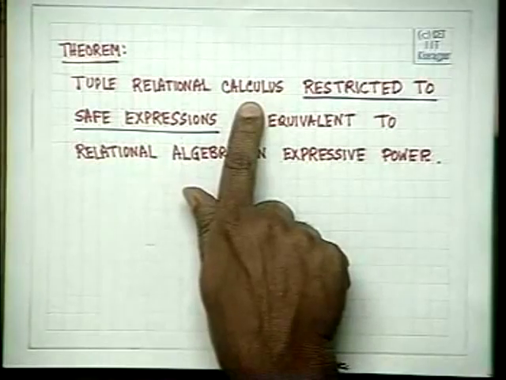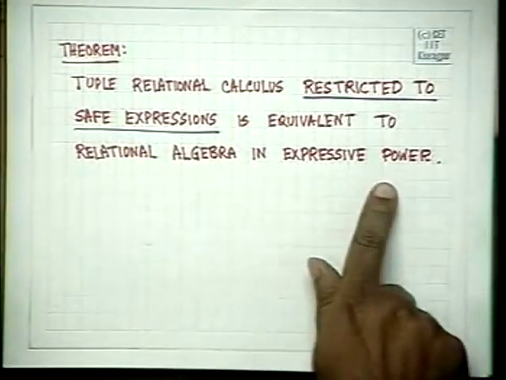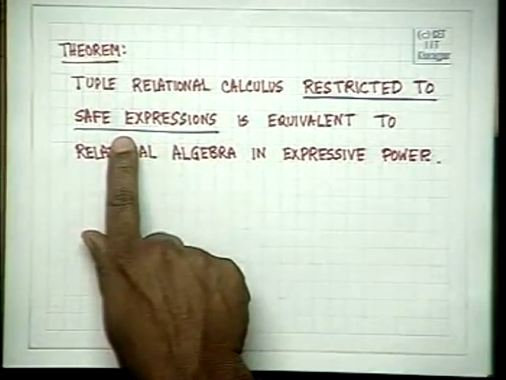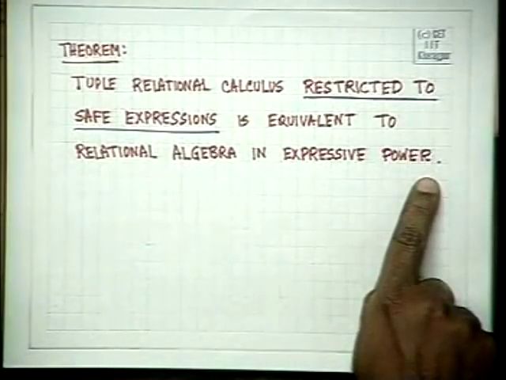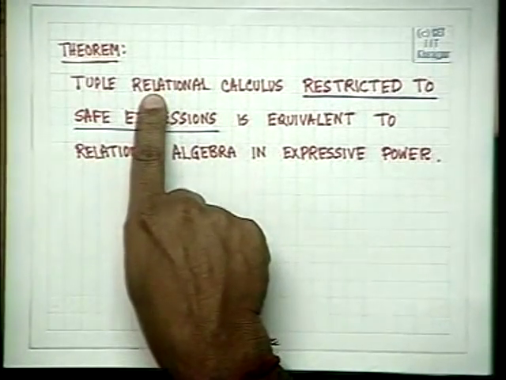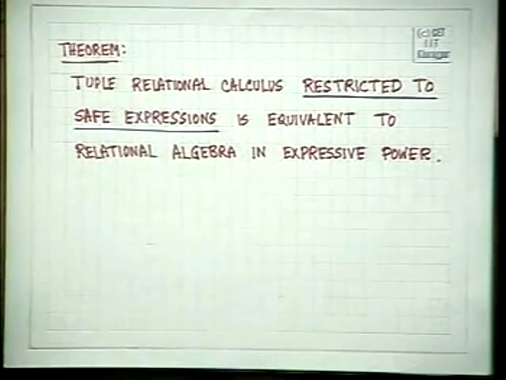If R1 is a relation formed out of some relational algebra expression, R2 is another expression formed out of relational algebra, and we combine them by the fundamental operations, and for each of these fundamental operations we produce a tuple relational calculus expression, then we will show that for every relational algebra expression, the tuple relational calculus expression is safe. So for every expression in relational algebra we have an inductive proof that there is a safe tuple relational calculus expression.